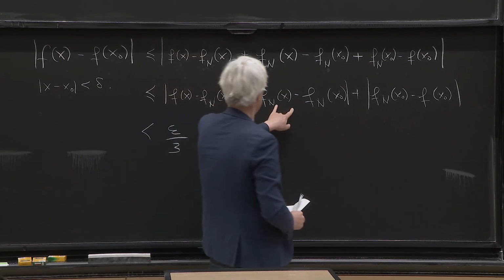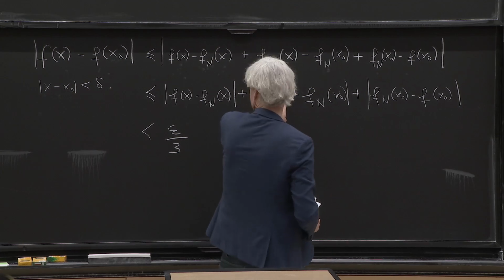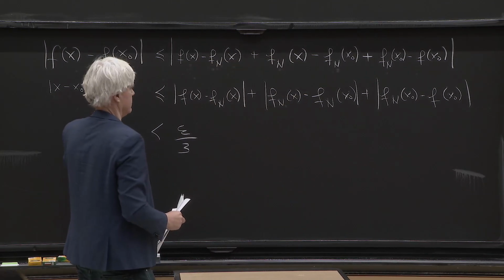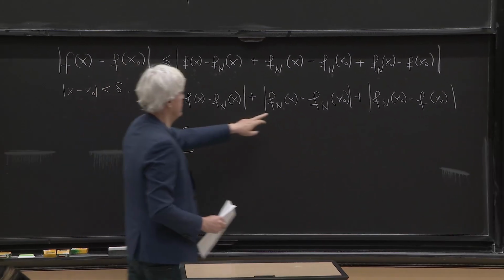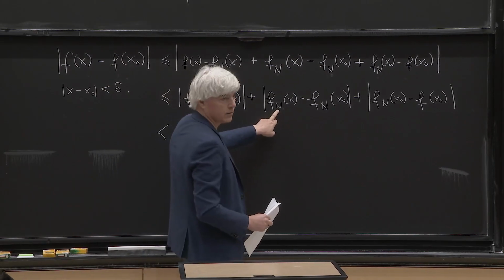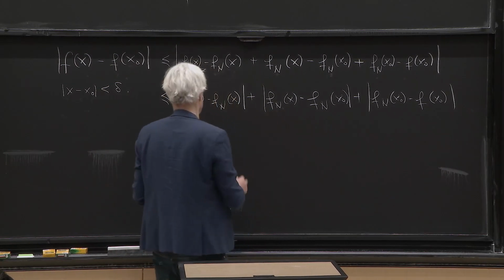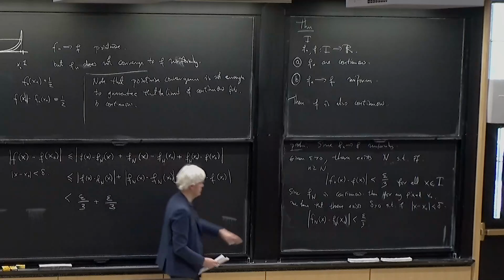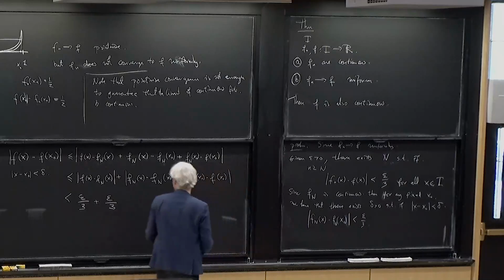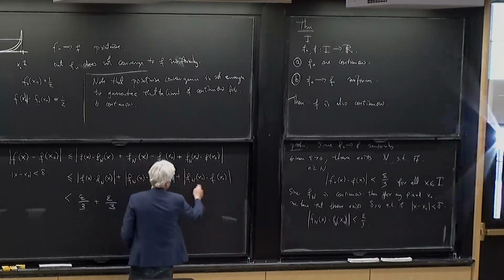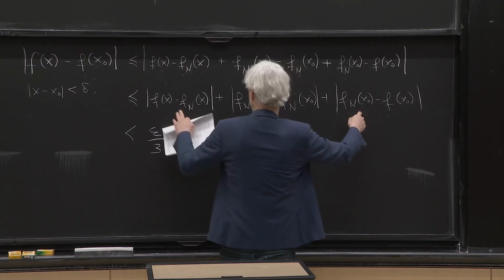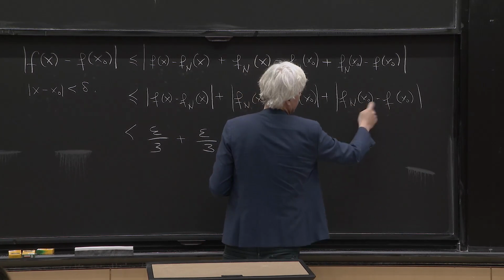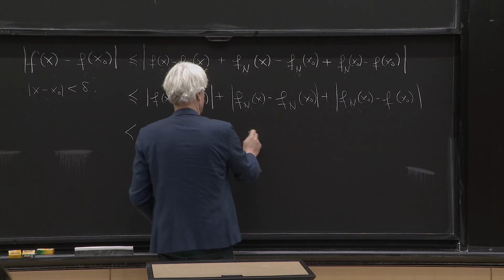This one here comes from the fact that the difference between x and x0 is less than delta, and that this function f_N was continuous at x0. So this is another epsilon over 3. This is the second part here. And then the last one is again the same as what gave us the first bound, namely that the convergence was uniform and is evaluated at the same point.